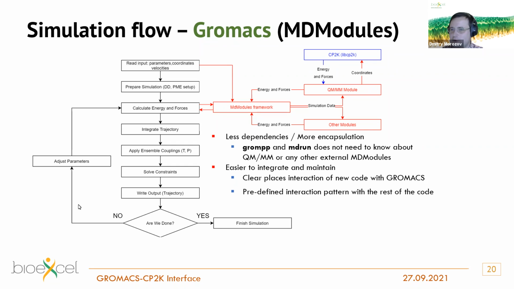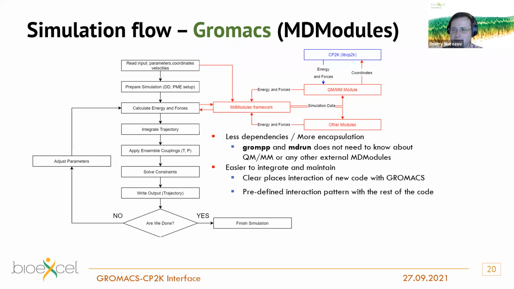So it of course has huge benefits because you have fewer dependencies now inside your main code. Like I said, now it's like 3 lines in the main code, which activates your MD module. And of course, your main cycle does not need to know what happens within each individual module at all. It's very easy to integrate and maintain, at least from our point of view.